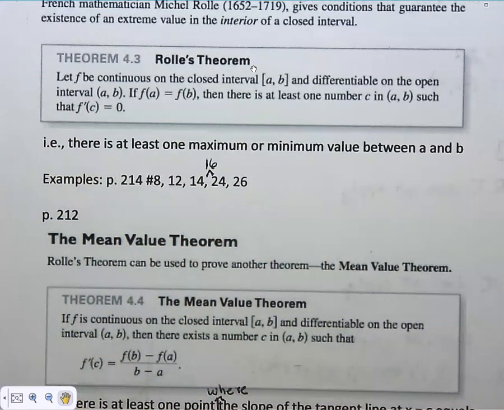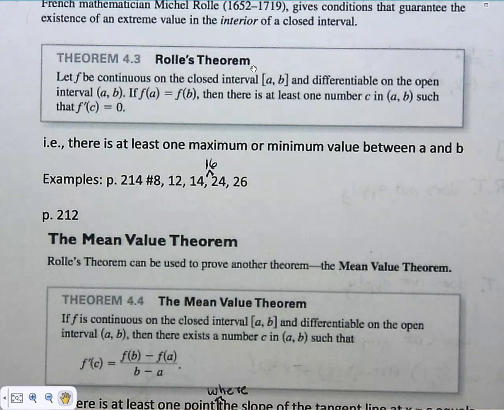The math teacher brain in me goes, is that always true? Yeah, as long as the function is defined at c, then if f prime of c is 0, there is at least one maximum or minimum value in between a and b. It doesn't tell you how to find it, but it tells you that there is one.